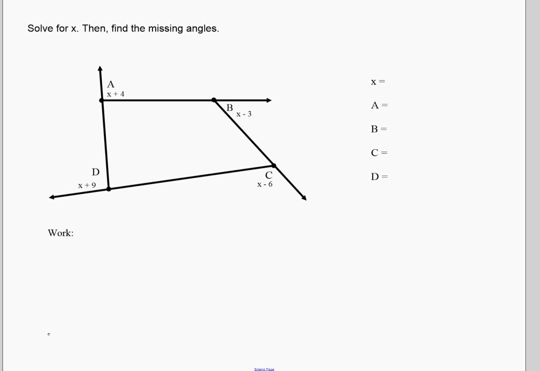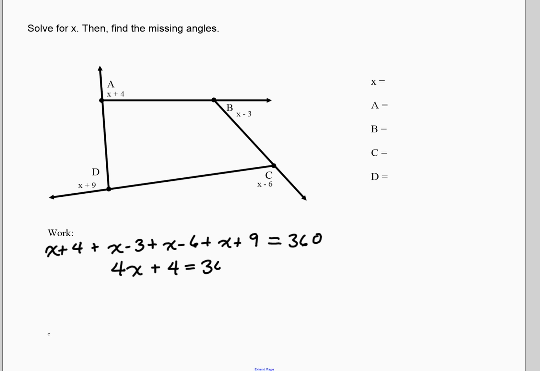So we know that angle A, which is x plus 4, plus angle B, which is x minus 3, plus angle C, which is x minus 6, plus angle D, which is x plus 9, because they are exterior angles, has to equal 360 degrees. Then I can collect my like terms. I have 4x, and 4 minus 3 is 1. 1 minus 6 is negative 5. Negative 5 plus 9 is 4. So I end up with 4x plus 4 equals 360.